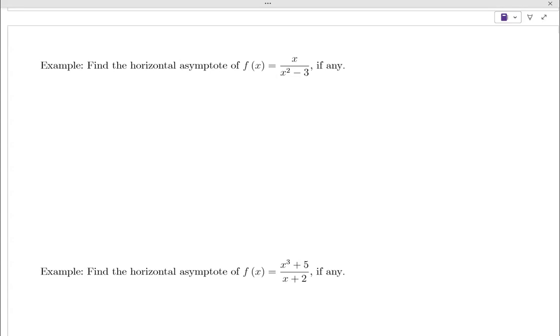What's the degree of the top? The first power, so 1. Degree of the bottom? 2. So which is bigger, 1 or 2? 2. So the degree of the bottom is bigger. Of those three options, which one do you think this is most like? The first, right? What was the horizontal asymptote in that first one? 0. So what would you guess the horizontal asymptote is here? 0 as well.